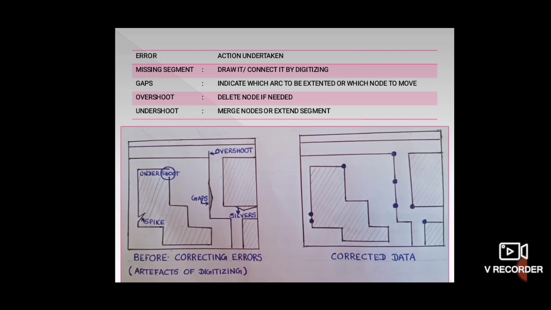If an overshoot occurs, we can delete the node that is not needed. In the case of an undershoot, we can merge the nodes or extend the segment to remove such errors. Here a diagram shows the common artifacts during the digitization process and the corrected data after the error rectification.